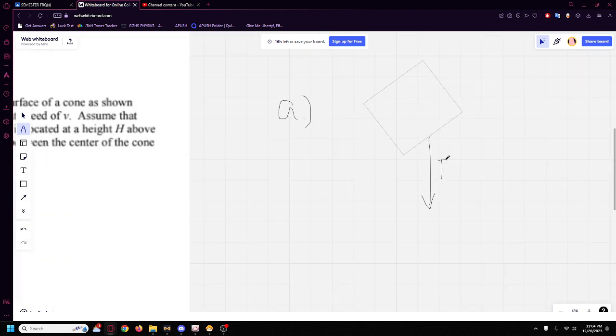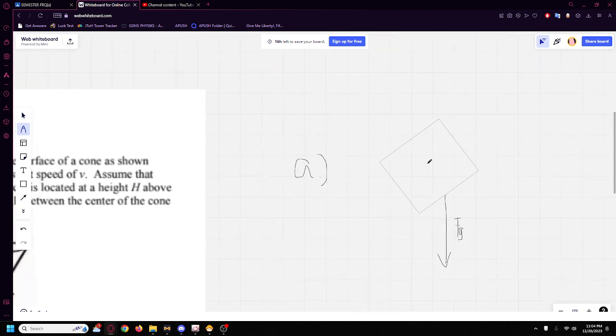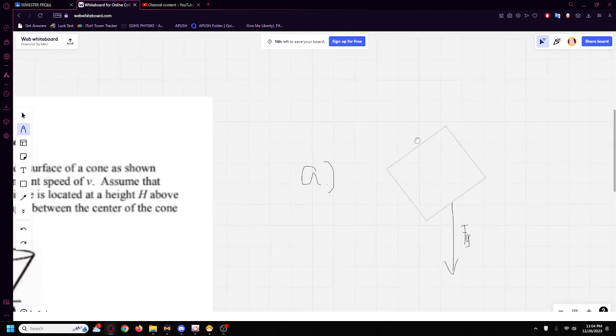F_g points down, and F_N points this way.